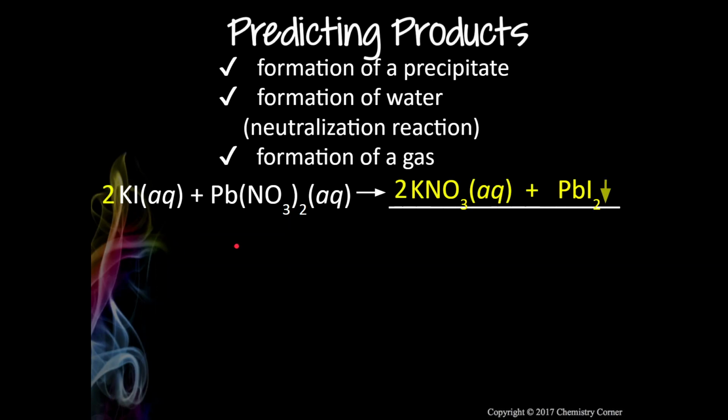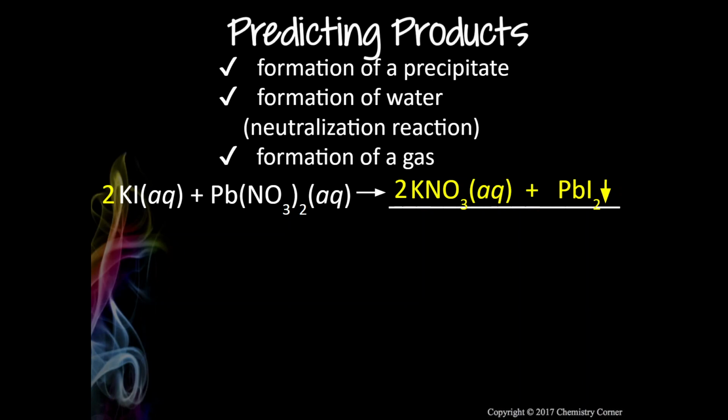And we've got this little arrow that's showing that the lead iodide is going to drop out of solution. Rather than a down arrow, I would prefer that you put the (s) for solid, and that will indicate that it becomes a solid and falls out of solution. All right. The question that you're going to ask is, how did we know that would precipitate out of solution?